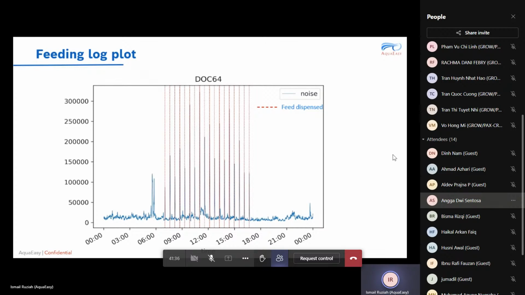Yeah, actually, I prefer to detect the stress during midnight. No feeding, no other human intervention. Then we know this is sound generated by shrimp. If you detect during the feeding, it's very difficult because sometimes the shrimp are very active and the signal is not easy to detect.